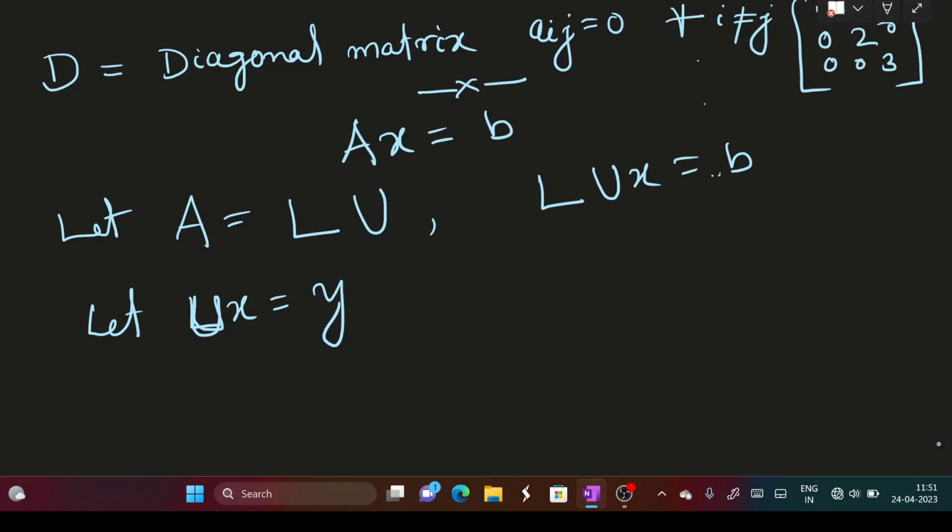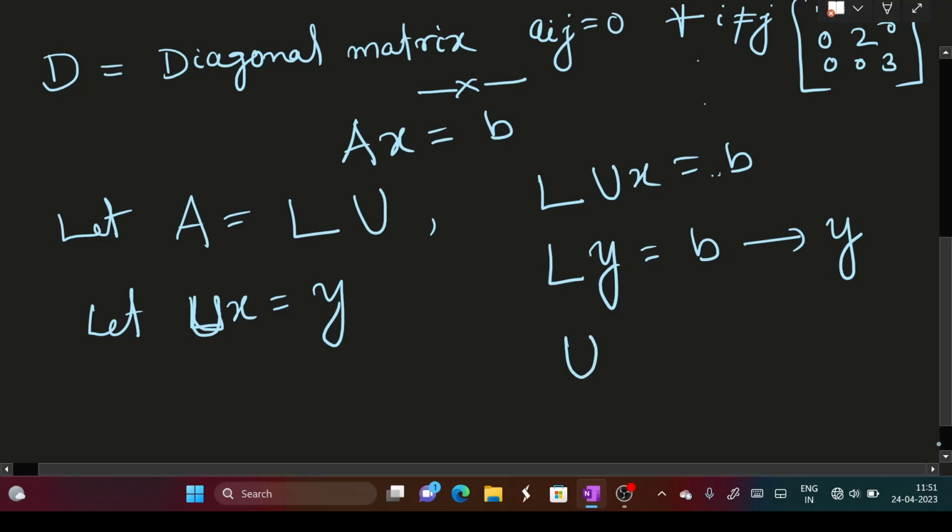Substituting the value of UX, we get LY equal to B. From this equation, first we will find out Y. Then we will solve the second equation, that is UX equal to Y, and we will get our X value.